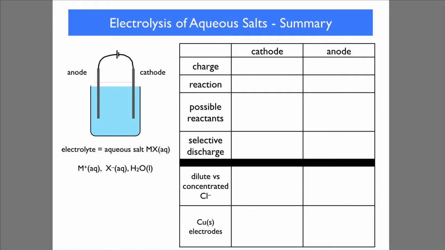Okay, we're going to summarise the electrolysis of aqueous salts here. At the cathode, which has a negative charge, we have a reduction reaction, and we know that the metal cation or water can be reduced, and whichever is a stronger oxidizing agent will be discharged.